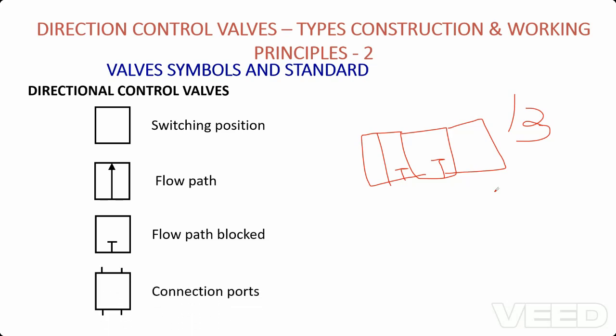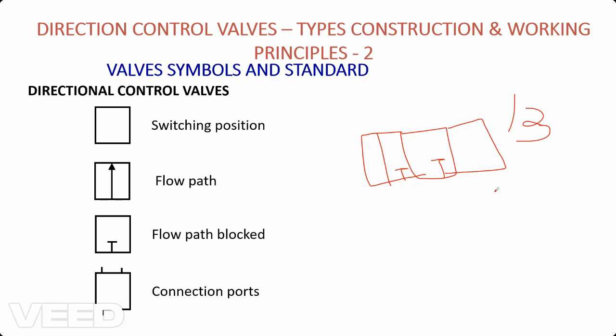And we have the outer lines. Whatever outer lines are there, all of them are called ports, the number of connection ports, where we would be connecting the air pressure pipes to the system.